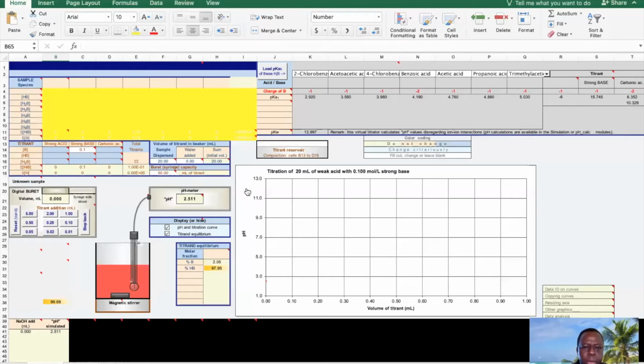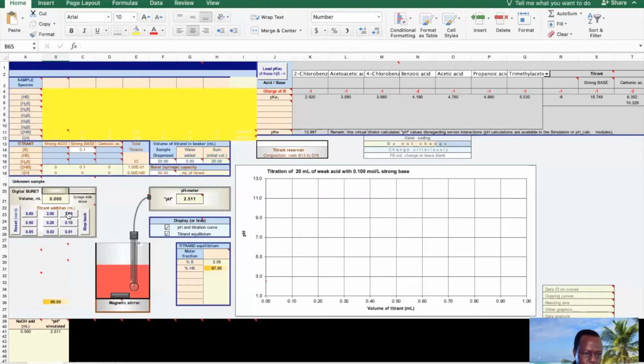You'll see when we add NaOH, this is the titrant we will be using, NaOH. The data which will be used will be generated here. This is where you will add. You see where the cursor key is? If I say 1 ml, you'll see this pH value will change, and the amount of NaOH added will just keep on increasing.